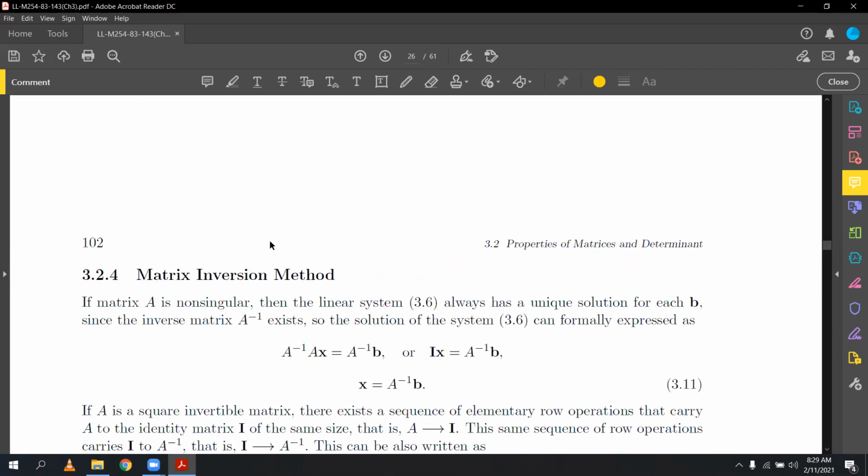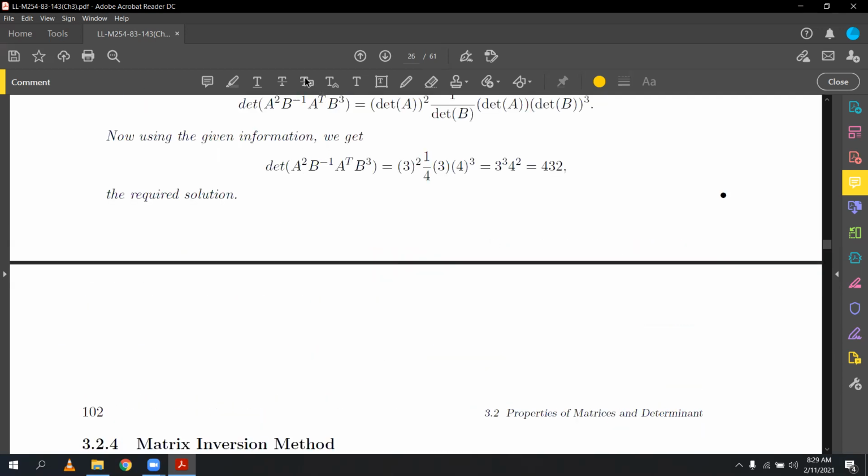Now, the thing we have here, we say your system AX is equal to B, right? We say if your system is non-singular, you always have a unique solution, right? What do you mean by non-singular? Non-singular means the inverse must exist. So when the inverse exists, you multiply the inverse on both sides.